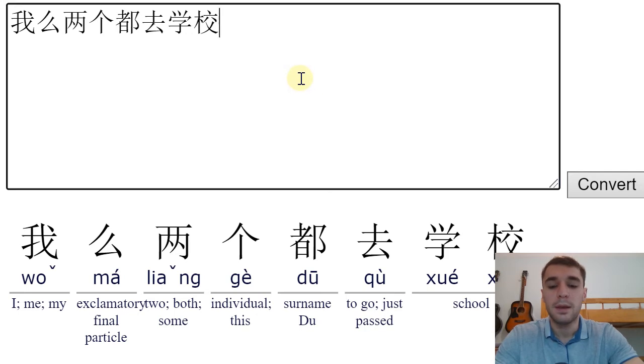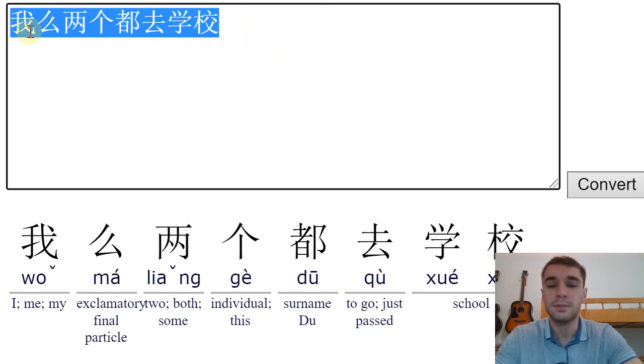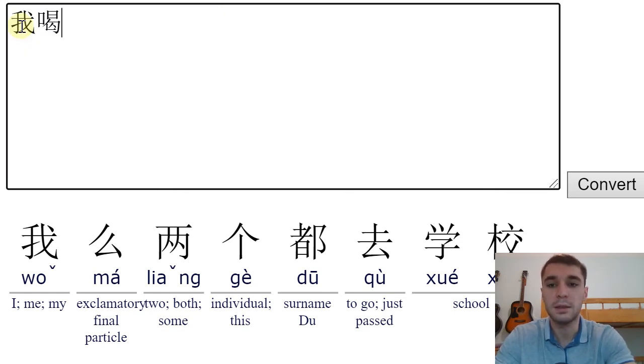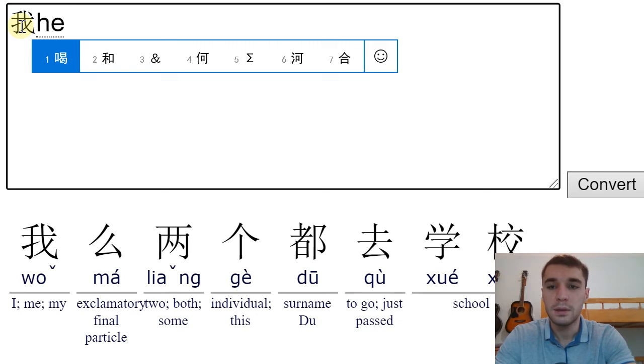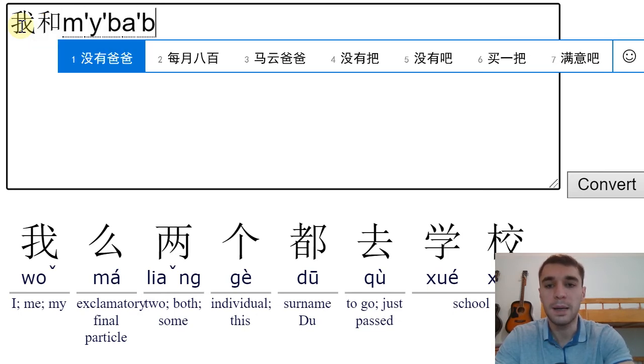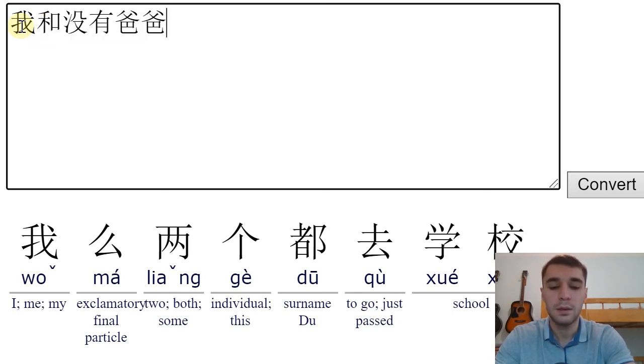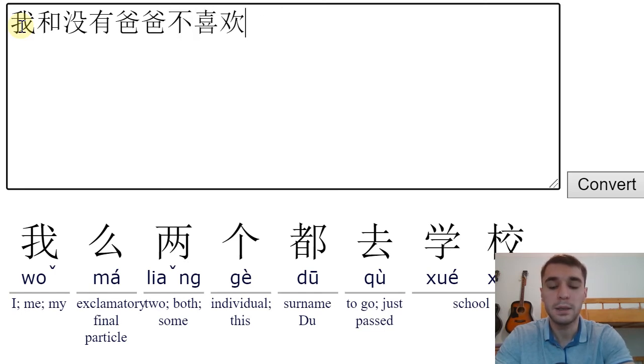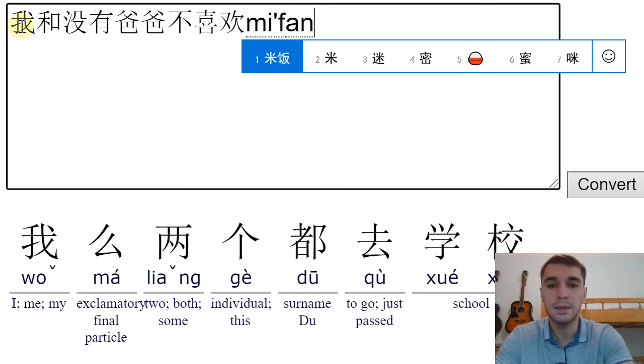Okay. I and my father, neither I nor my father like, for example, cooked rice, right? How to say? 我, then and 和, my father 我爸爸, don't like 不喜欢, rice 米饭.